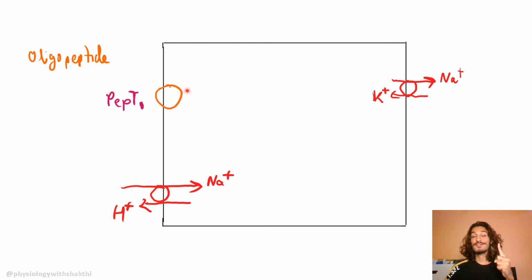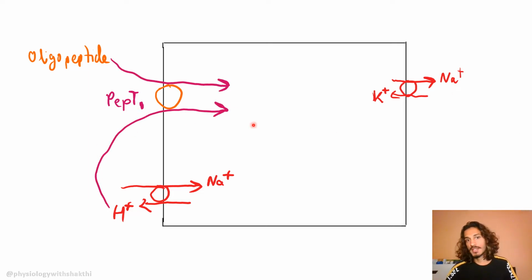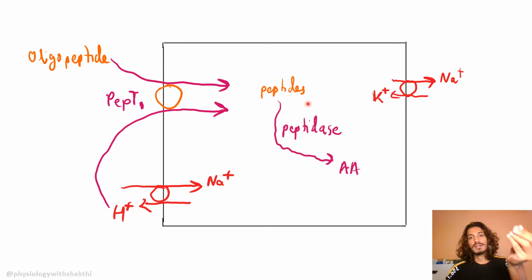Now instead of a sodium dependent co-transport, this is a proton dependent co-transport. This is peptide transporter 1, PEPT1. H plus comes in, and along with that your oligopeptide comes. So this is an example of a secondary active transport. Once inside, the peptide is acted upon by peptidase and it forms amino acids. Again, it can go out through the basolateral segment.